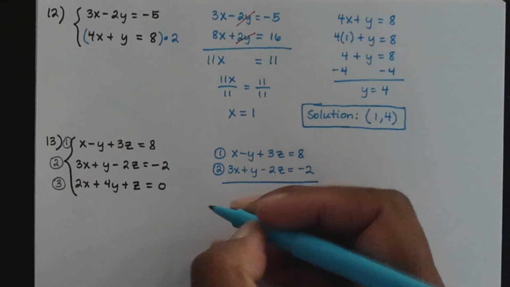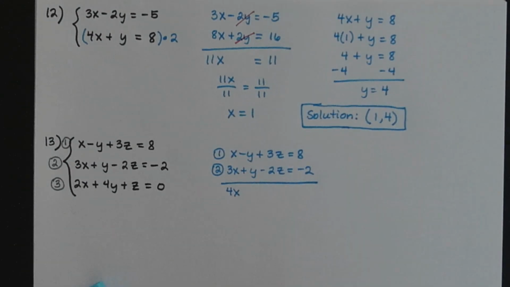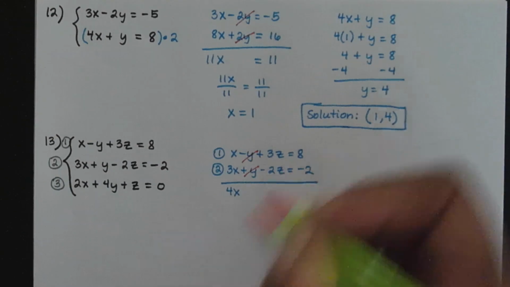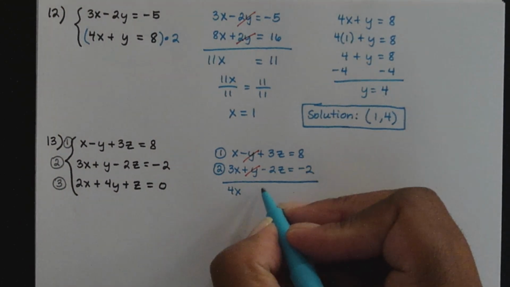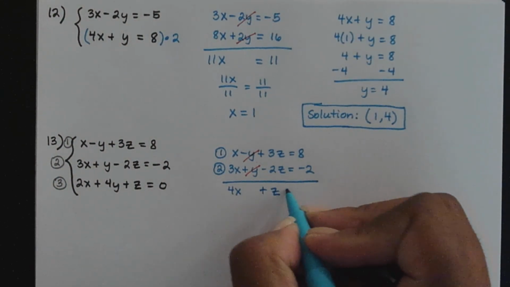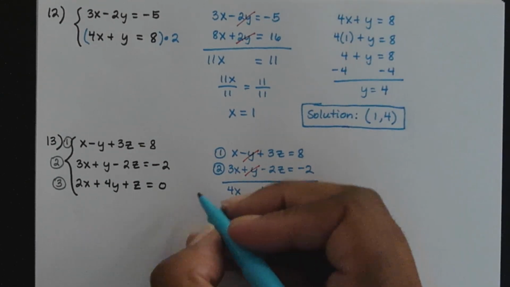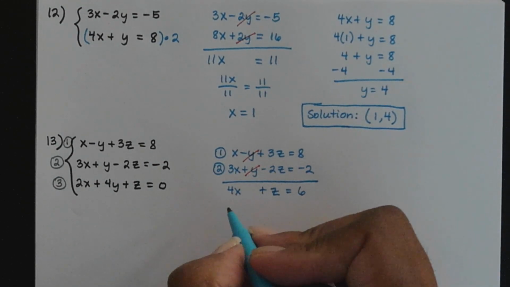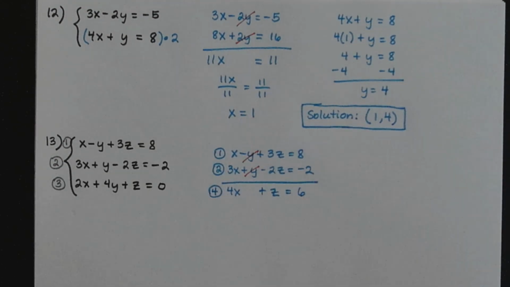That 1x plus 3x will give me 4x. And then minus y and the plus y add to 0. 3z minus 2z will give me just z, or plus z, I should say, equals 8 minus 2, which is 6. Now that equation 4x plus z equal to 6, this will be equation 4.